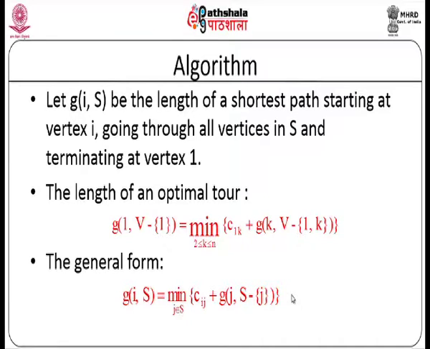We have to find from the source vertex all the paths, then we are going to store that into the table, then we are going to increase the set and we are going to recompute the length of the optimal tour involving the length that we have already obtained.